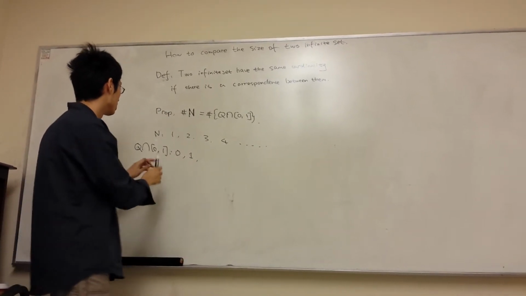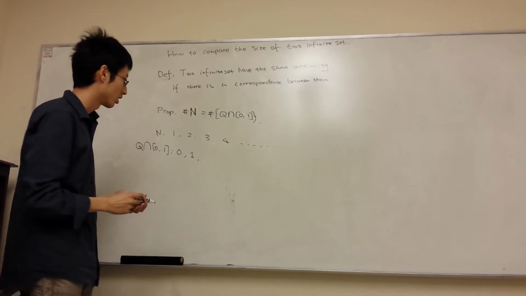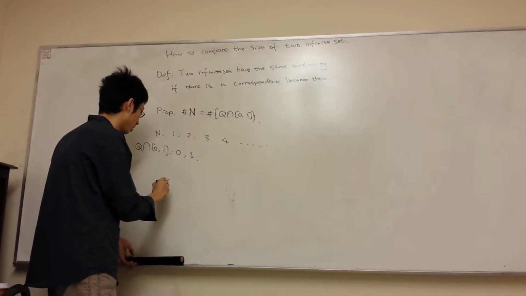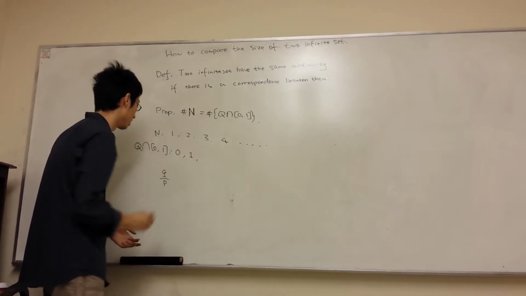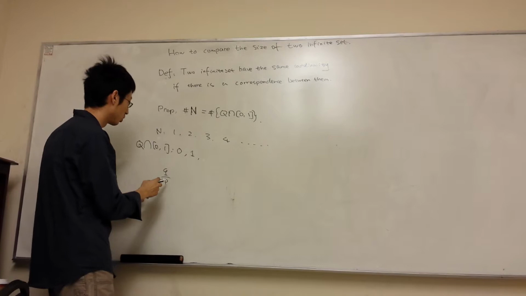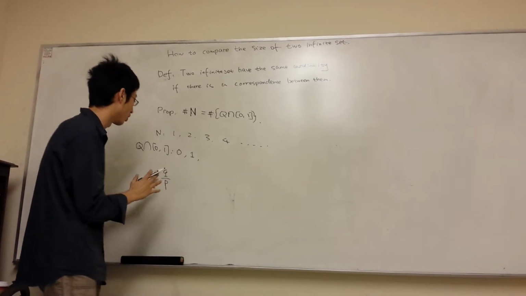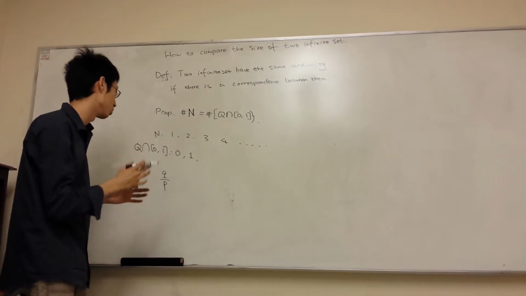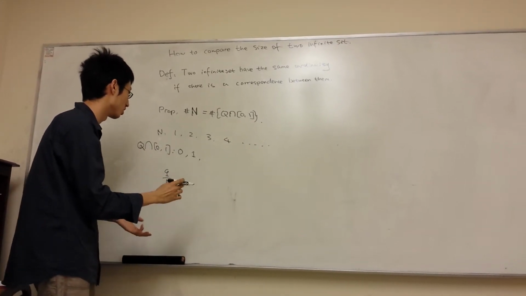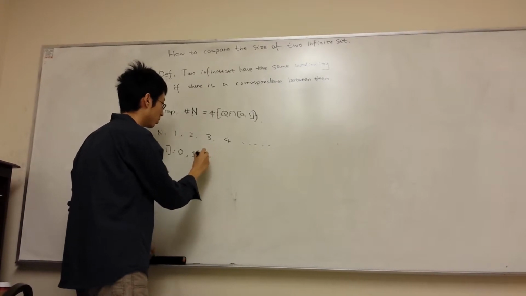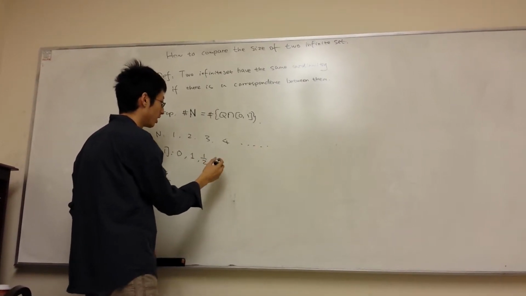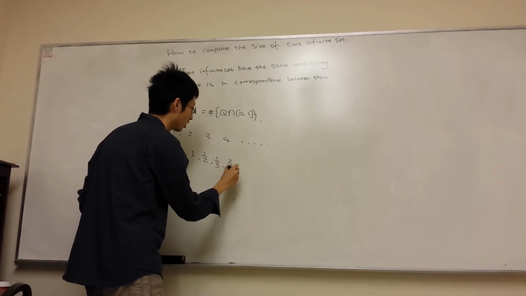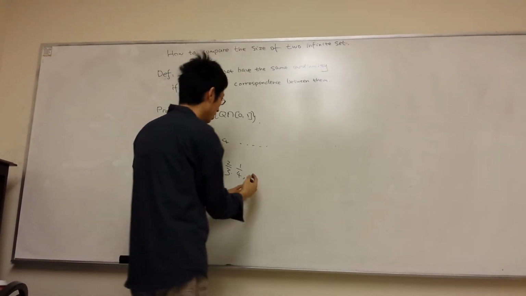We know that every rational number can be written as a fraction, say q over p. So we want an ordering, and we let the denominator increase. The third number is 1 over 2, then 1 over 3, 2 over 3, and then 1 over 4.